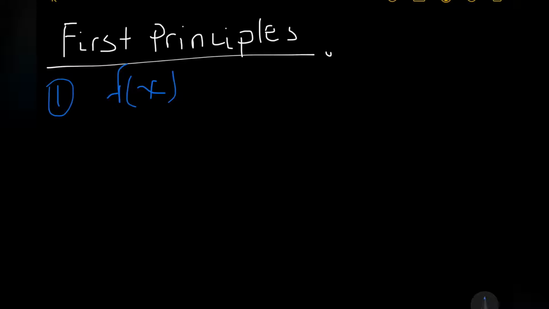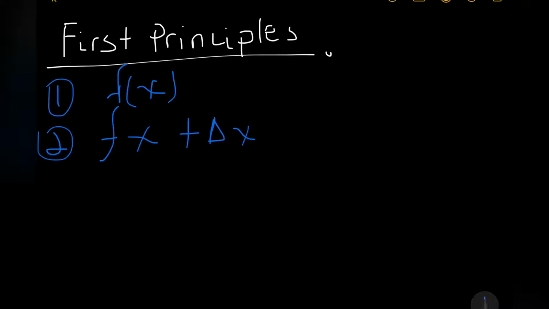After we identify our function, we add a small change in x to that function. Some books use h, but we will use delta x. So f of x plus delta x. This delta x is a small change in x.